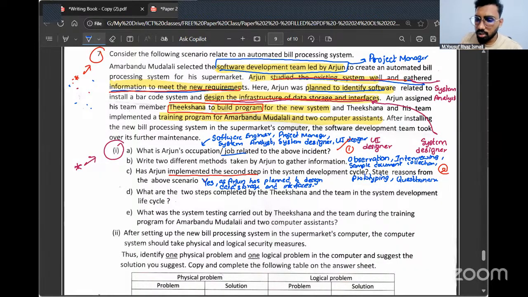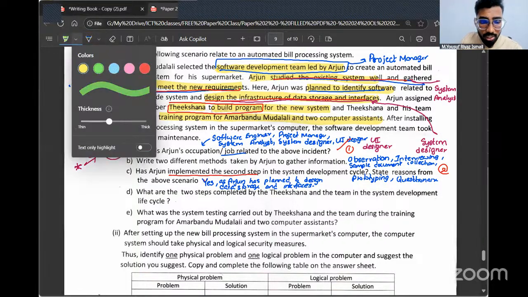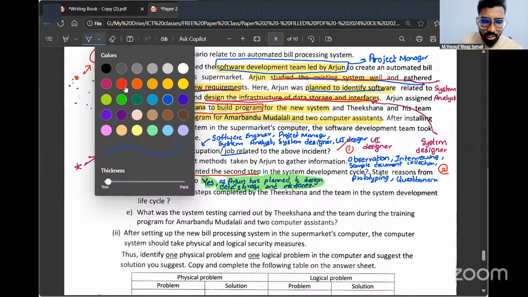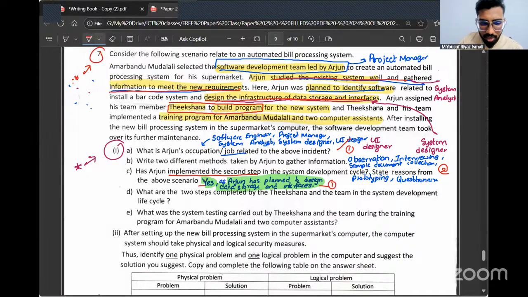As he has done that, the answer is going to be yes. If you mention the answer yes there, you get 1 mark. And for the reason, it should mention data storage and interfaces. If your reason has the data storage and interface part, 1 mark for the reason and 1 mark for the yes. Total 2 marks there. If you have any questions, drop them in the chat.